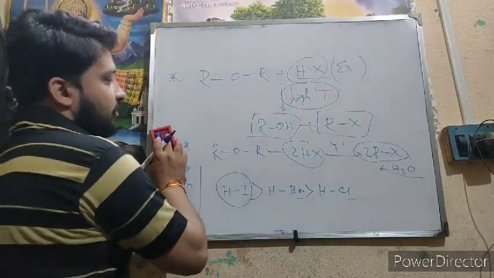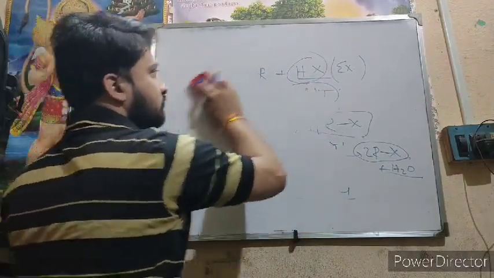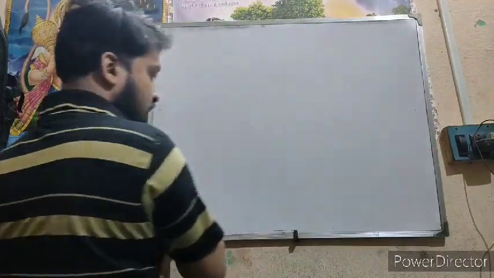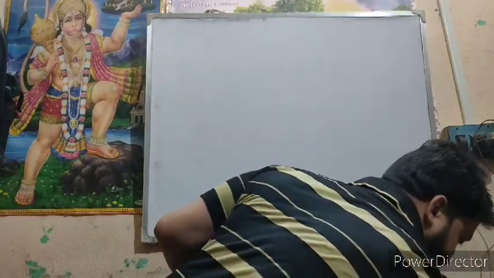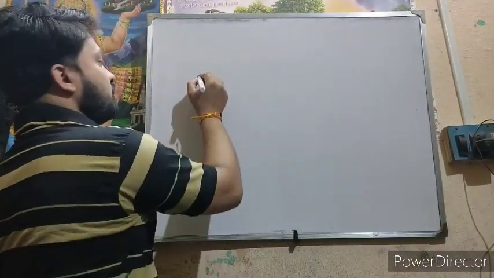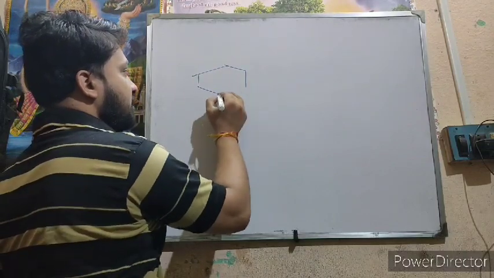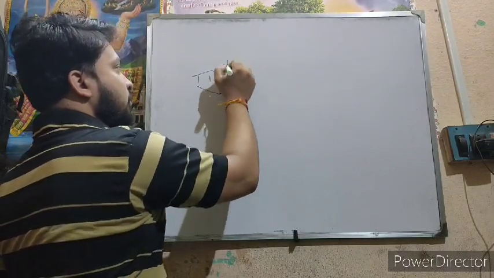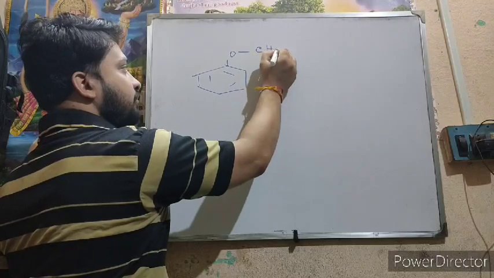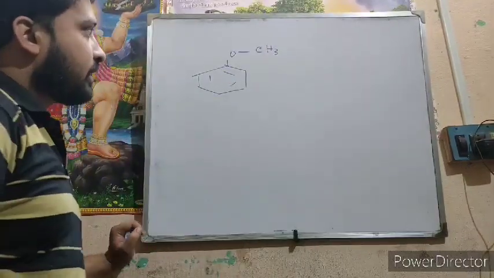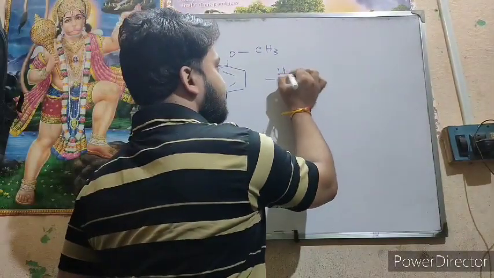Now next chemical reaction. If you use this, it is also a group of ether, that is OCH3. This is also a group of ether, and you use HX here.